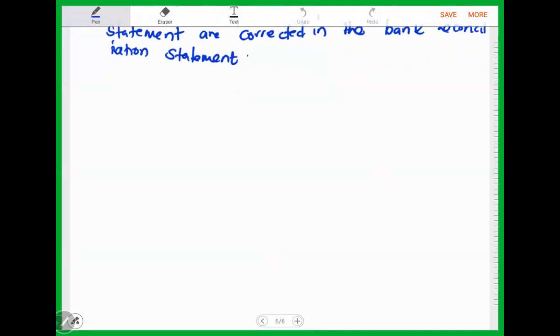Example. The accounts assistant of Money Limited, maybe before we do this example, these questions are normally set in two different ways.